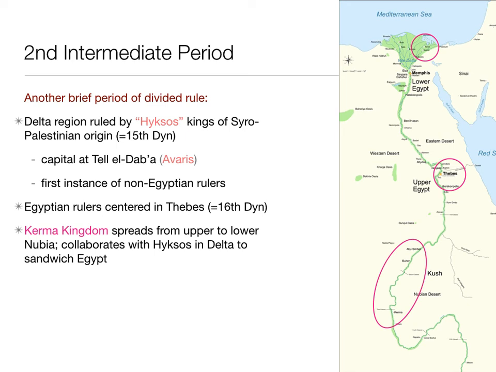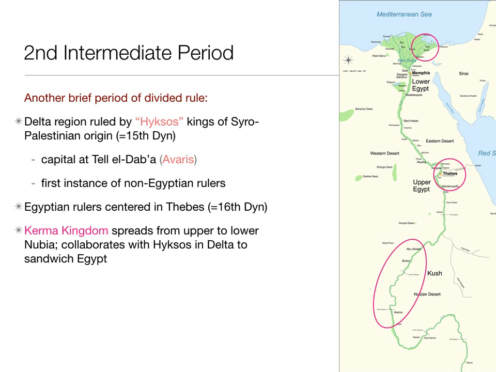The Kerma dynasty has ambitions to spread down the Nile Valley and try to conquer Egypt as well. And they are in cahoots with the Hyksos in the Delta, communicating with each other through trade routes through the desert between the oases, and trying to conspire to squeeze the dynasty in Thebes, sandwich them and crush them.